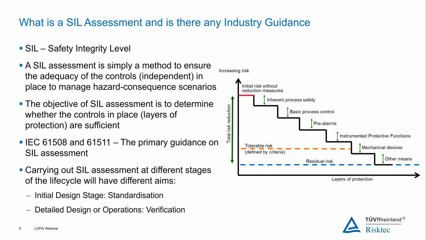The primary objective of the assessment is to analyze these controls, considering them as layers of protection, which again, you'll see reflected in the name of LOPA, which is a layer of protection analysis study. In terms of industry guidance, the two documents there, IEC 61508 and 61511, are really the two major documents within the industry that will provide guidance on how and when these are carried out.